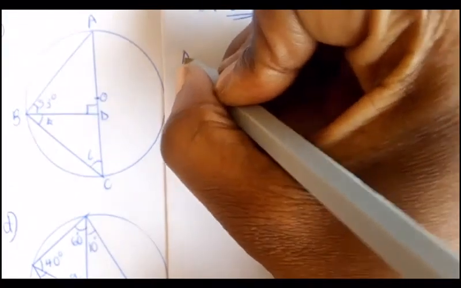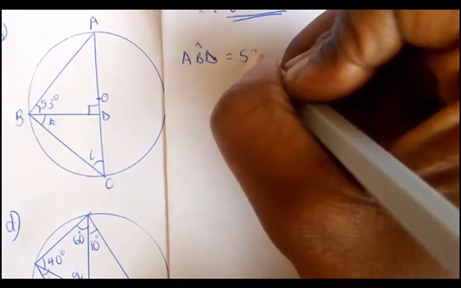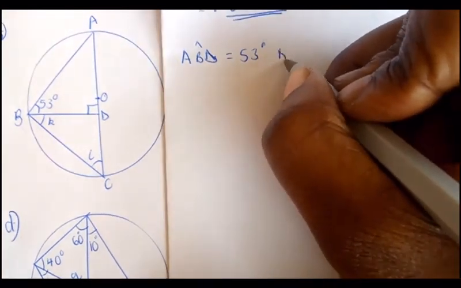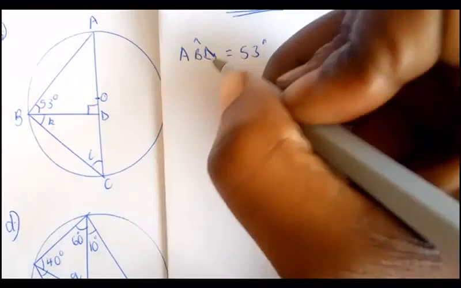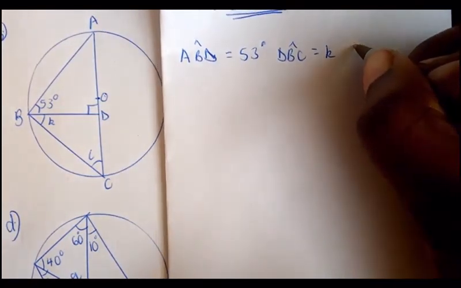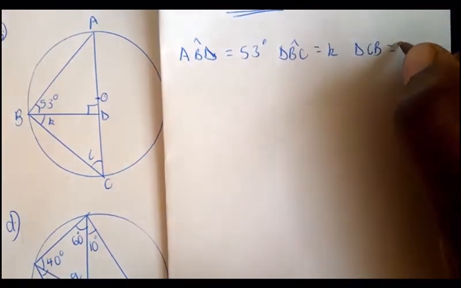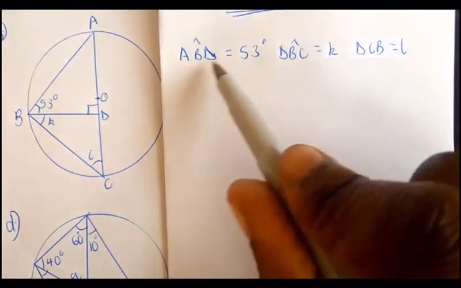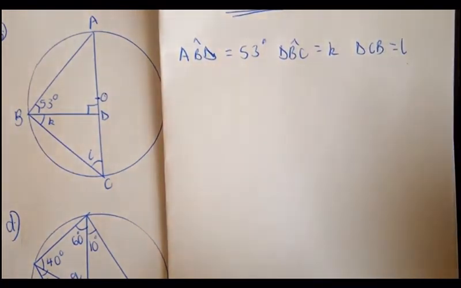This is angle ABD, which is equal to 53 degrees, and we also have angle DBC, which is equal to K, and angle DCB, which is equal to L. So we are looking for angle K and angle L, and we can see that these angles all have different starting and end points.